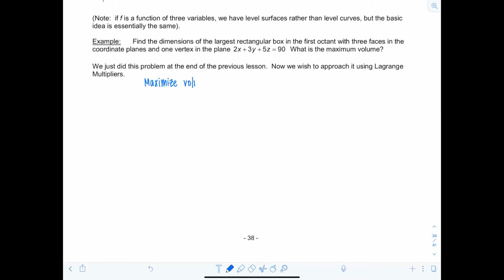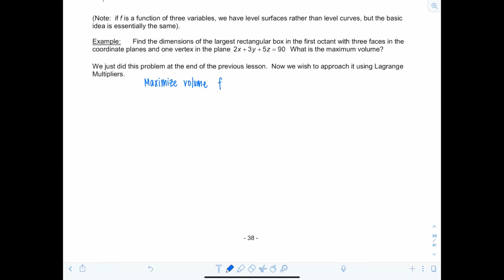And if you want to watch the video from the previous lesson, number 17, we showed that the volume could be computed by just taking x times y times z, since this rectangular box is in the first octant and the 3 faces are in the coordinate planes. So I want to maximize the volume.